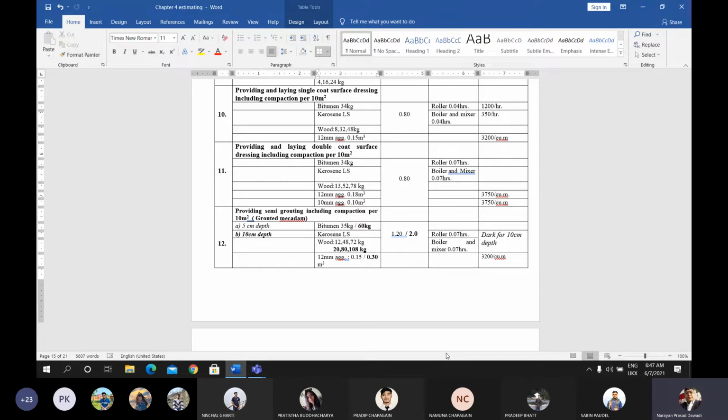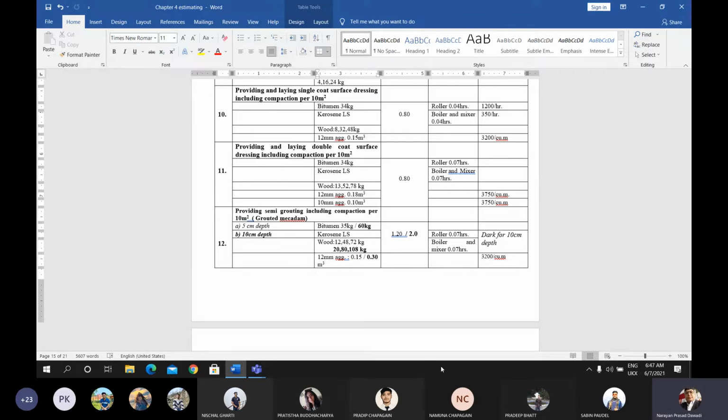Now kerosene for both of them is lump sum. Wood for boiler, open mass and patchwork for the 5 centimeter depth is 12, 48 and 72 kg. For the 10 centimeter depth they are 20, 80 and 108 kg. Now 12 mm aggregate for the 5 centimeter depth is 0.15 cubic meter, and for the 10 centimeter depth it is 0.30 cubic meter.